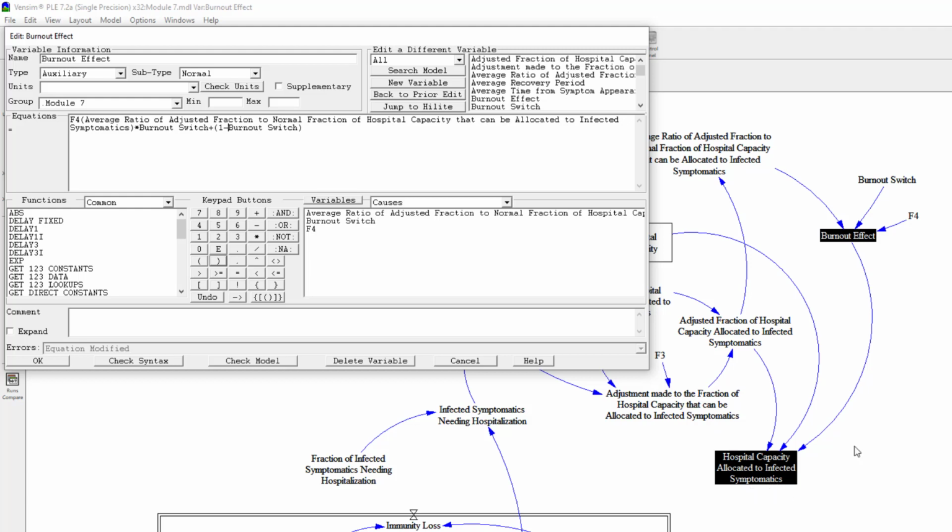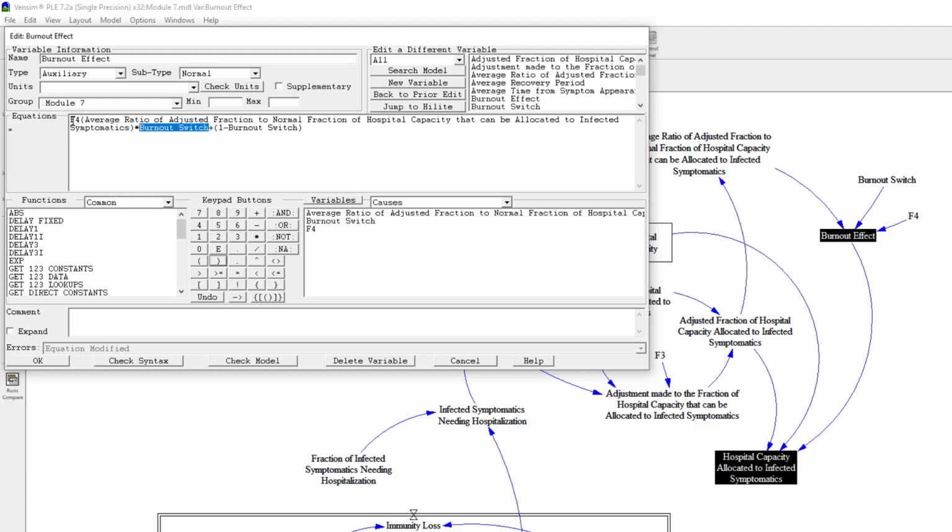However, let's say that we want the full burnout effect. Then you're going to put 1 in the burnout switch. In that case, it's going to be F4 times 1, and then the second part will become 0. So you are taking in the full effect of F4. However, let's say that you just want 50% of the burnout effect. Then you're going to put 0.5 here.